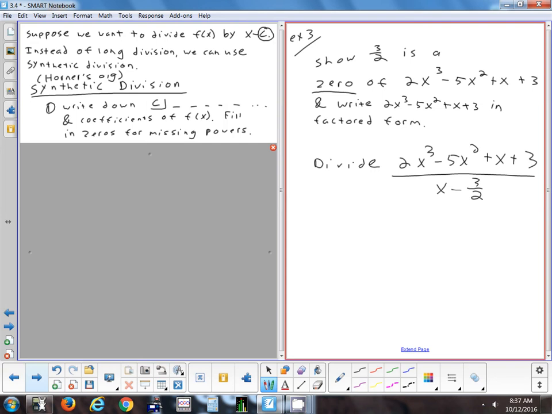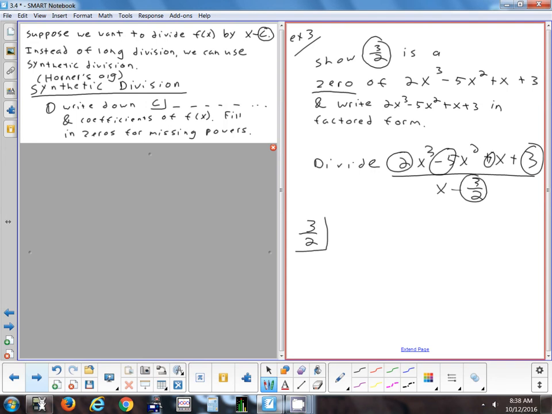How do you show something as a factor? You divide it and hope that you get a remainder of what? 0. So I'm just going to divide this in and hope that I get a remainder of 0. Take the number after the minus sign, which is your root, and put that on the outside. Now write down all the coefficients of your numerator.